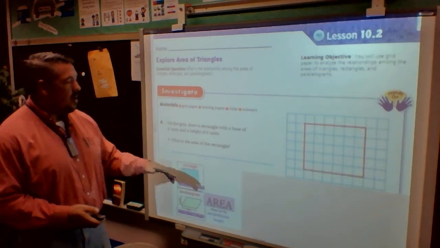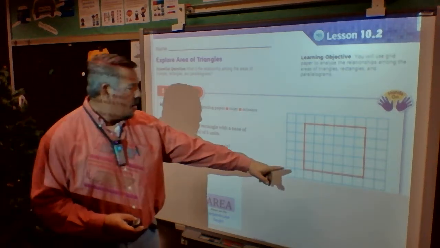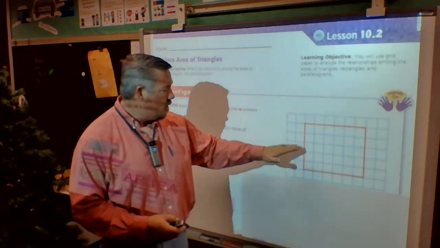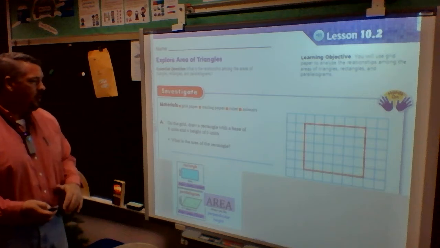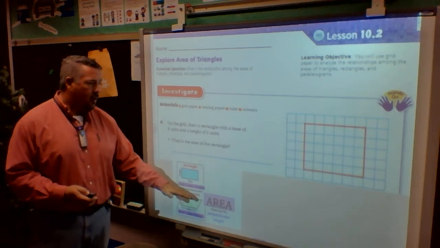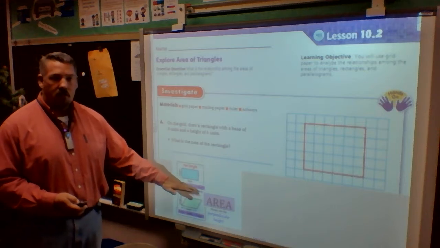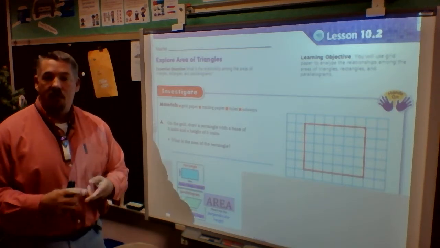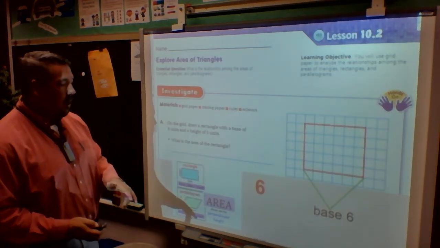So when it gives me my measurements then, I go ahead and I draw my rectangle, and it shows me that I have 6 because it told me a base of 6, and then a height of 5 because it told me I had a height of 5. And then when we look at what the area of that is, once again we use the base times height. Remember that we have to have a particular thing to know where the base and the height is. That's our right angle.